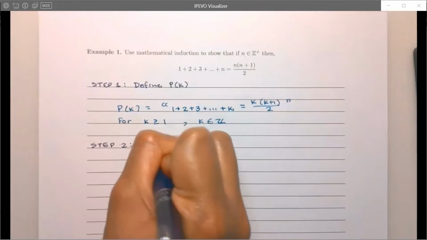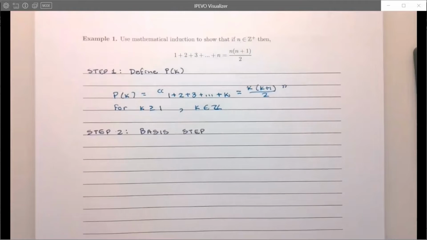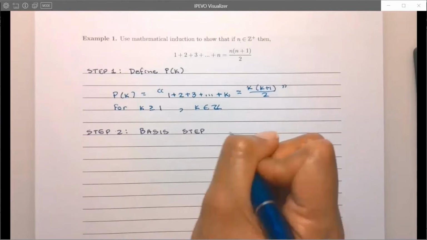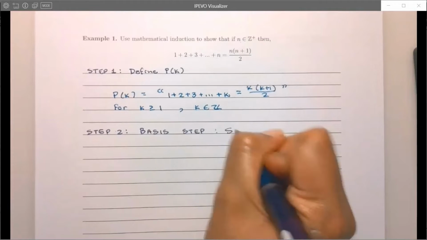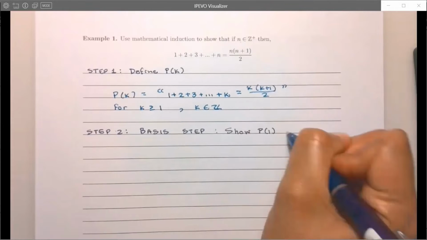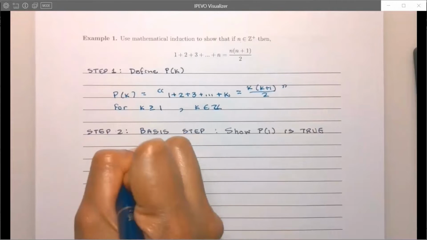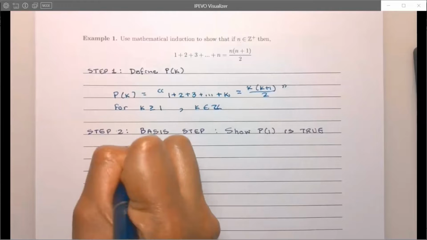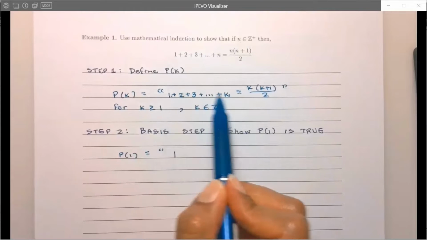This is our basis step. We want to show that P of K is true for the smallest possible integer in the domain. And the smallest positive integer in the domain in this case is 1. So we're going to show that P of 1 is true. Okay, so let's give it a try. What is the statement P of 1? Well, P of 1 would be the statement that 1, remember this is the sum of the first n integers.